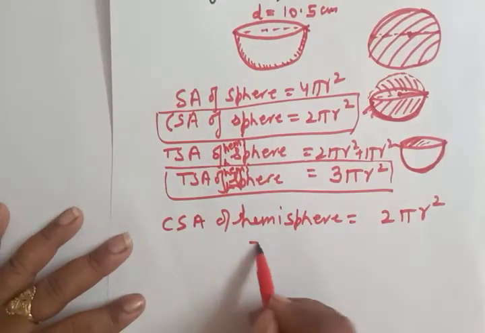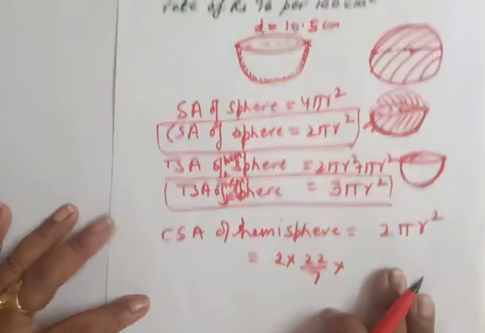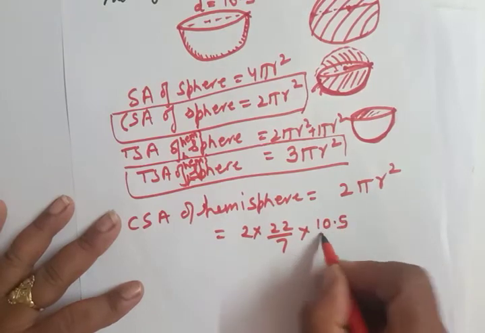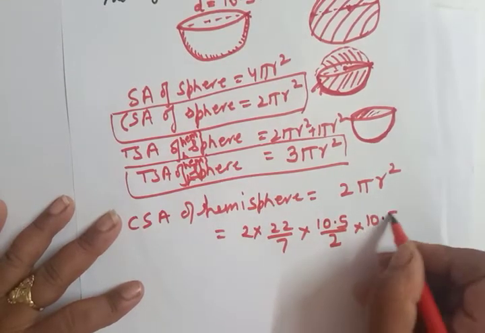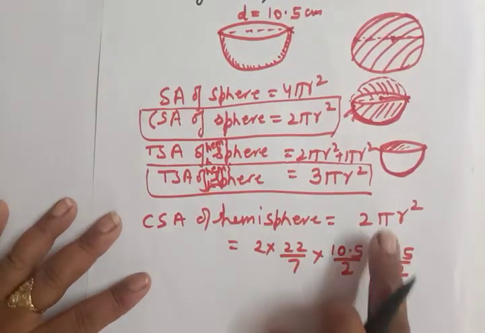So first of all, put the value 2 into 22 upon 7 into r square. Diameter is given, so r is 10.5 upon 2 into 10.5 upon 2, because r square is there.